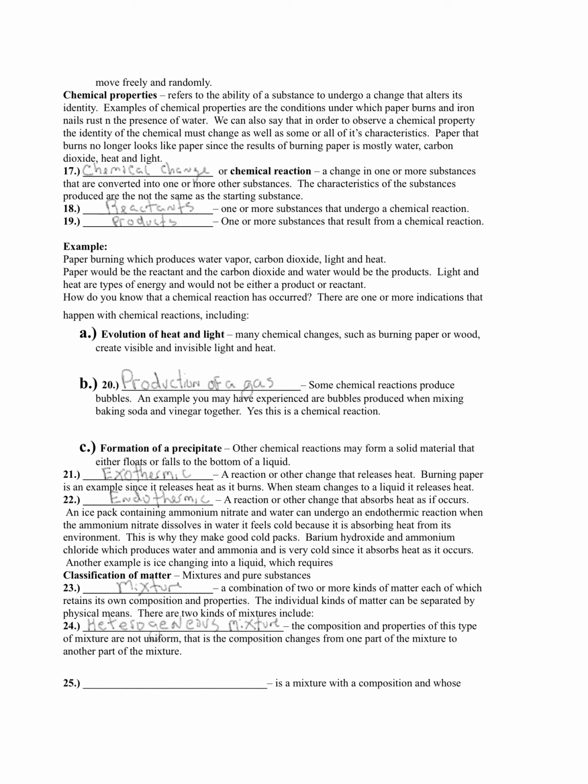We can also say that in order to observe a chemical property, the identity of the chemical must change, as well as some of or all of its characteristics. Paper that burns no longer looks like paper, since the results of burning paper is mostly water, carbon dioxide, heat, and light. In other words, when you burn paper, you light it up. That's a chemical reaction. It's actually oxidation of paper, which is mostly made out of cellulose.